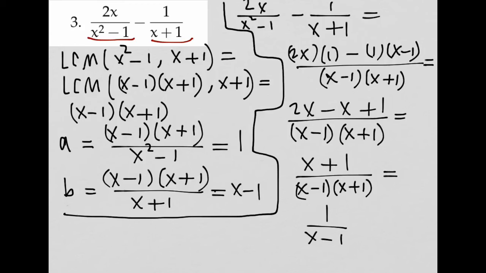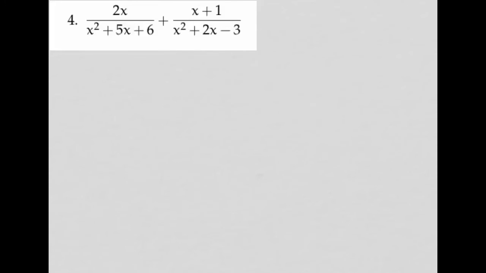Next, let's add 2x over x squared plus 5x plus 6, and x plus 1 over x squared plus 2x minus 3.